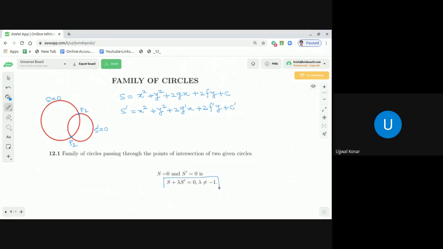Lambda is a real number, but it cannot be equal to -1.